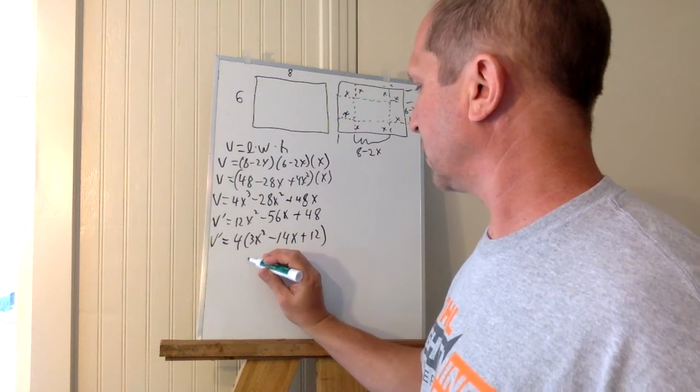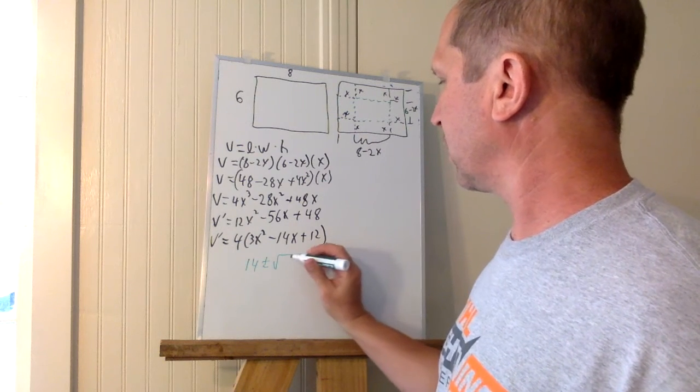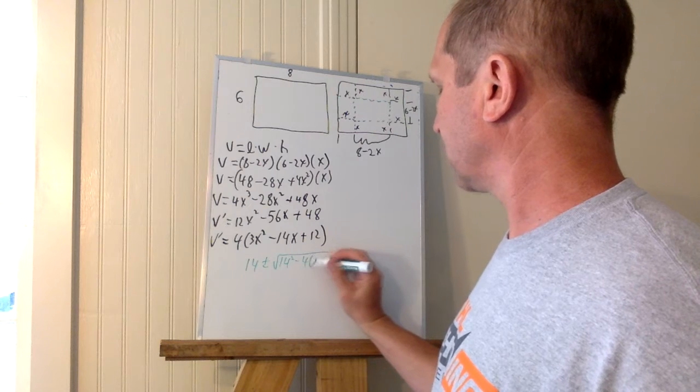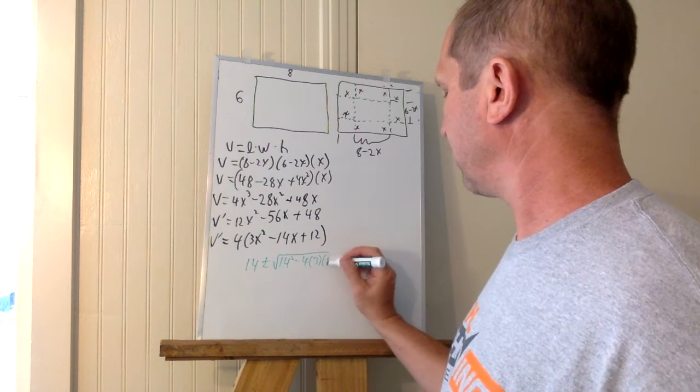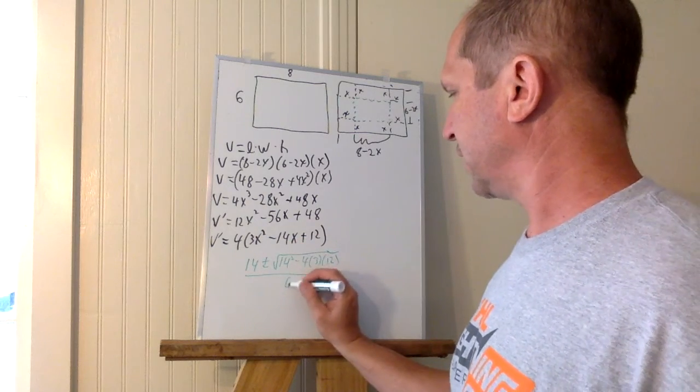So it is 14 plus or minus the square root of 14 squared minus 4 times 3 times 12, all over 6.